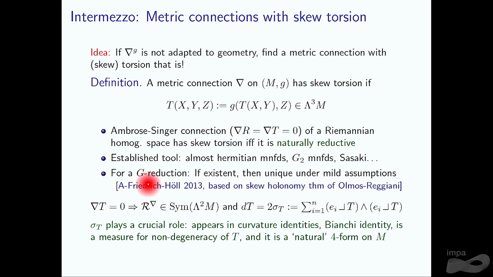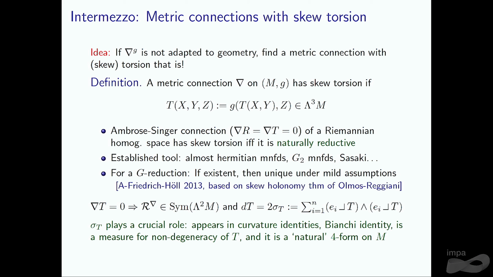Okay, so for such a G reduction, then under relatively mild assumptions, one can prove that there's always a unique metric connection with skew torsion, which is based on a very nice holonomy theory for connections with skew torsion by Olmos and Reggiani.